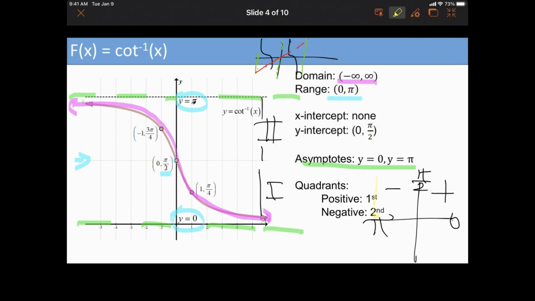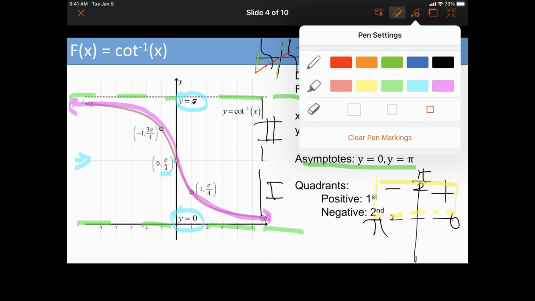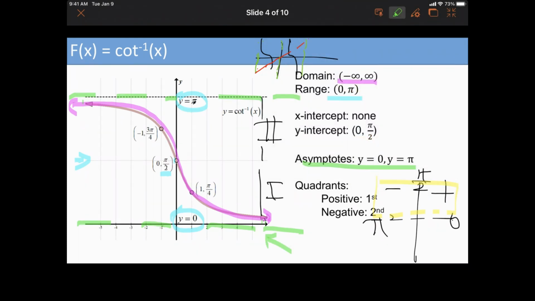And then our asymptotes are here, at 0 and pi. So maybe I'll do it in a group.